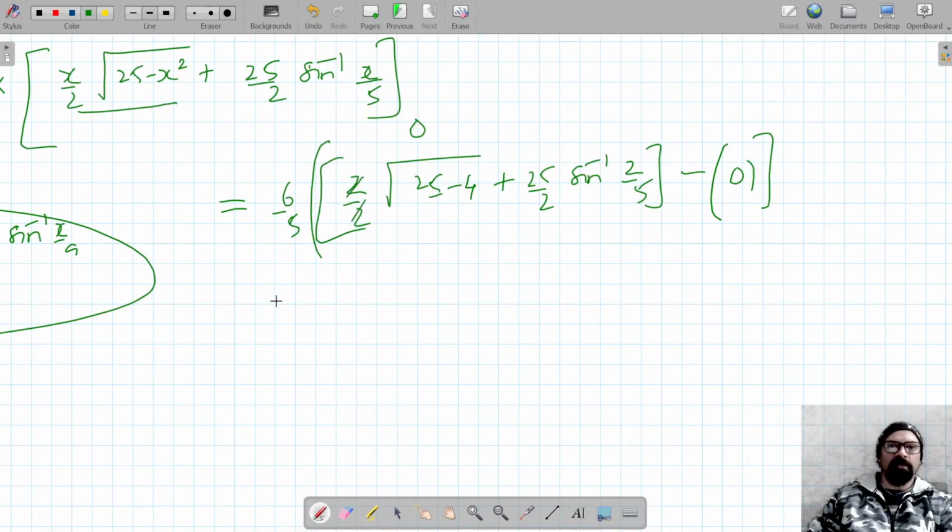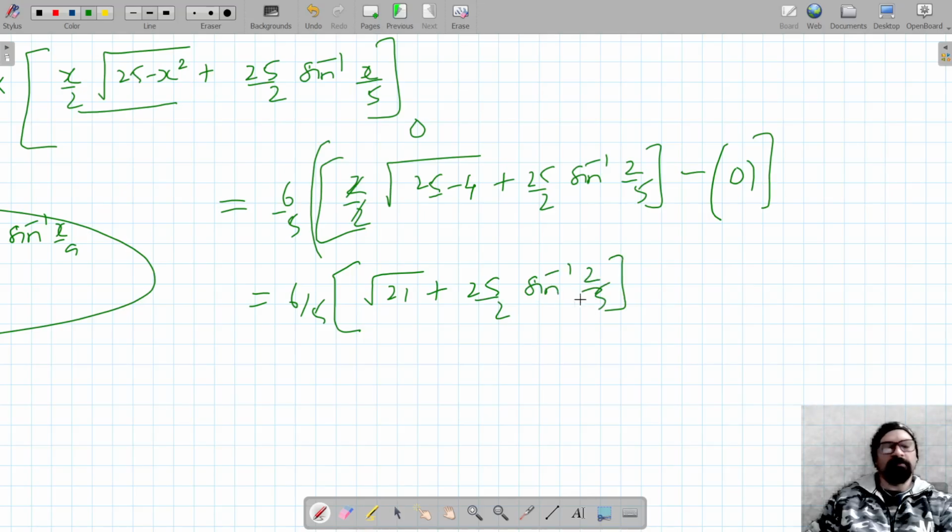So finally we are left with 6 by 5 into under root of 25 minus 4, which is under root 21, plus 25 by 2 sine inverse 2 by 5. This should be the required area.